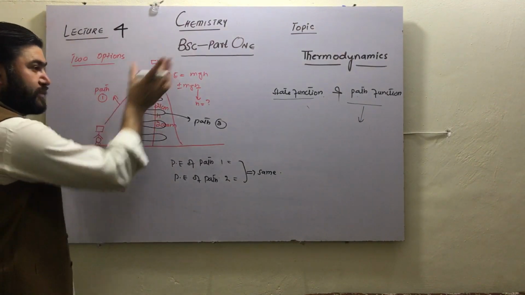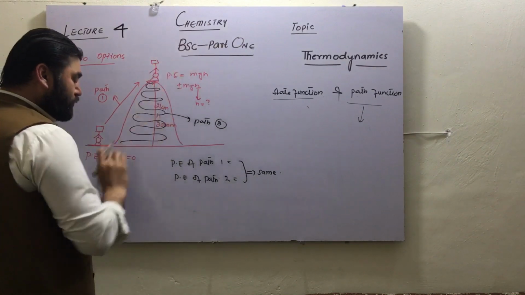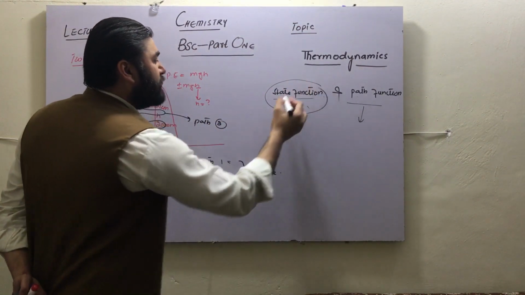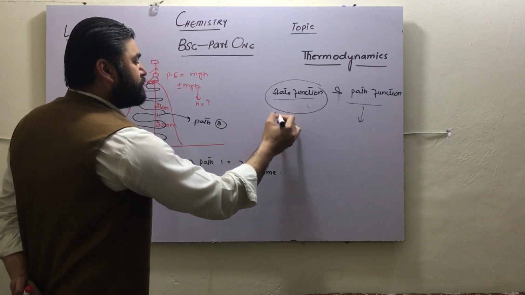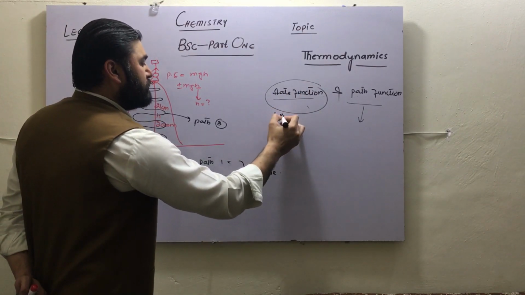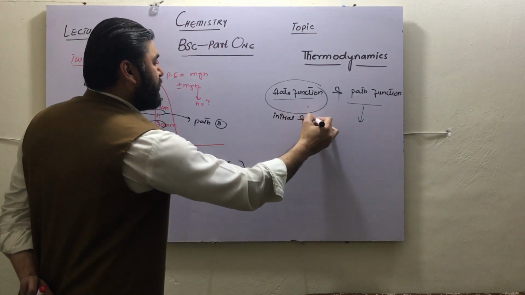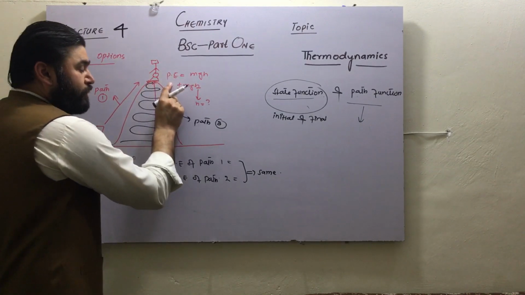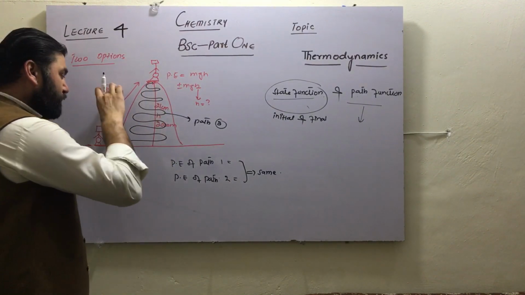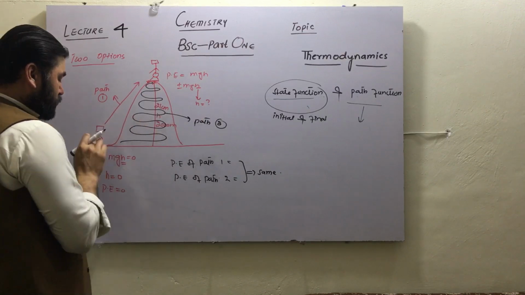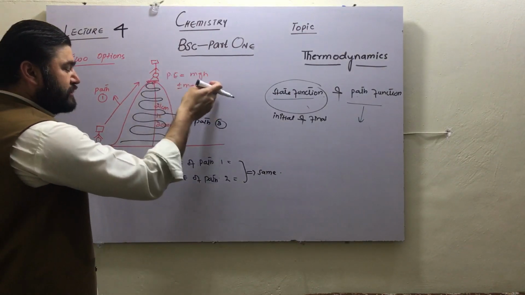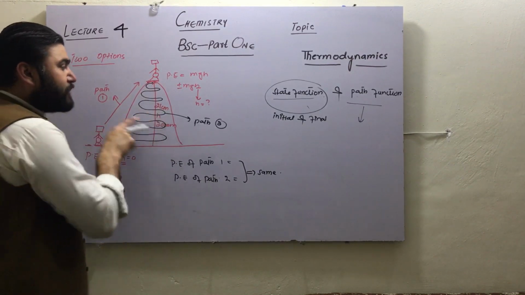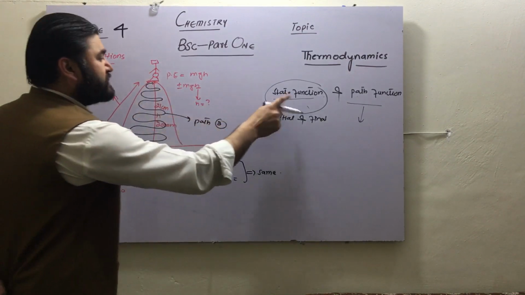It does not know where it came from; it only has initial 0 and the final value. The state function only tells you the initial and final, what the initial state was and what the final state is. So it does not tell you about the way it came. The initial state is 0, here it has some energy, so we can say this is the initial and the final. But how it happened, the state function does not tell you.